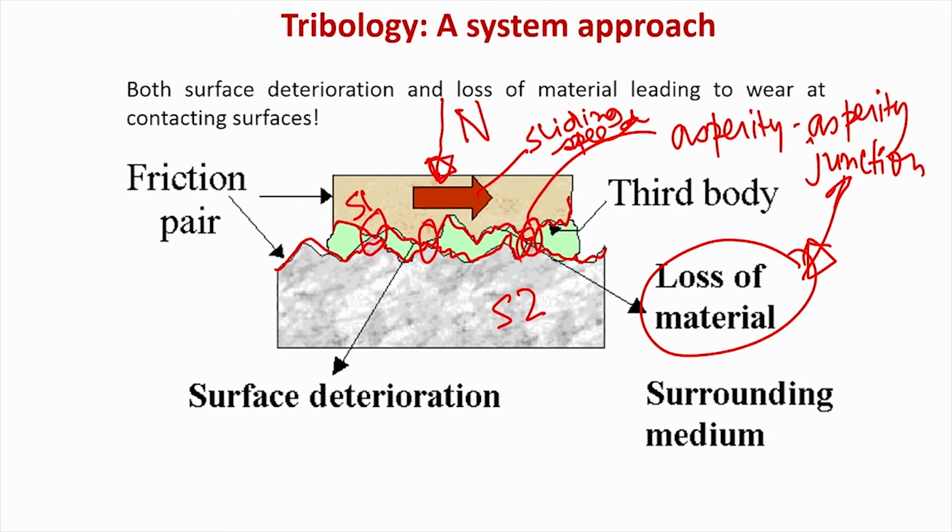So, if you blow up this particular asperity here, it will look like this. This is your height h, and there is also a radius of curvature here. This radius of curvature is very important, and this height is also very important.